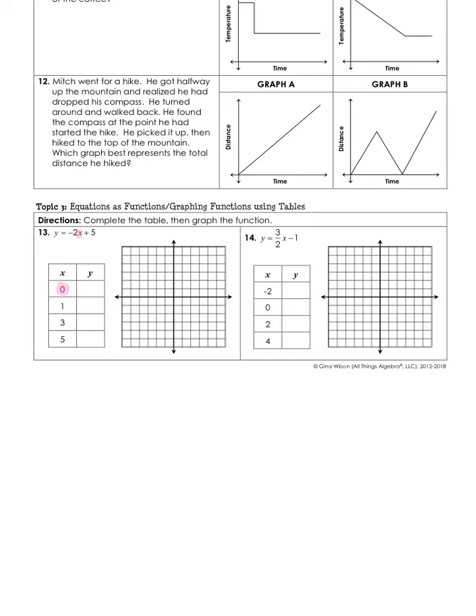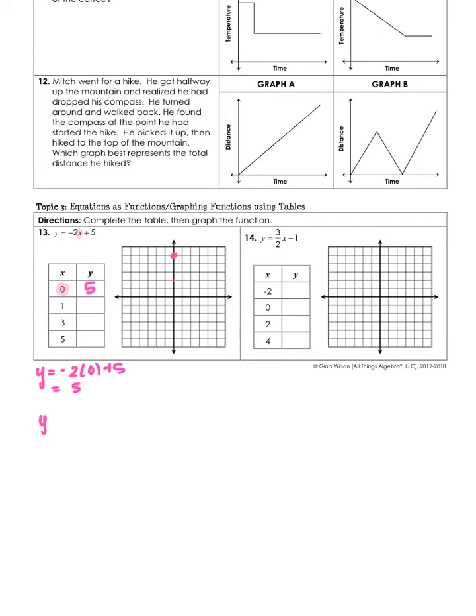So our first one, we would do y equals negative 2 times 0 plus 5. Well, negative 2 times 0 is 0, and 0 plus 5 is 5. So we would have a point at 0, 5, which means don't go left or right any, just go up 1, 2, 3, 4, 5. So we'd have a dot there.